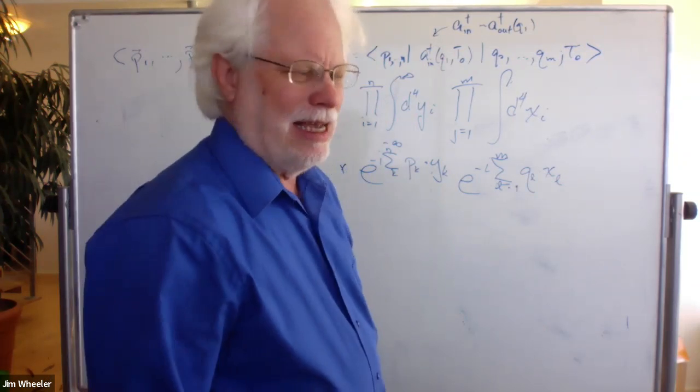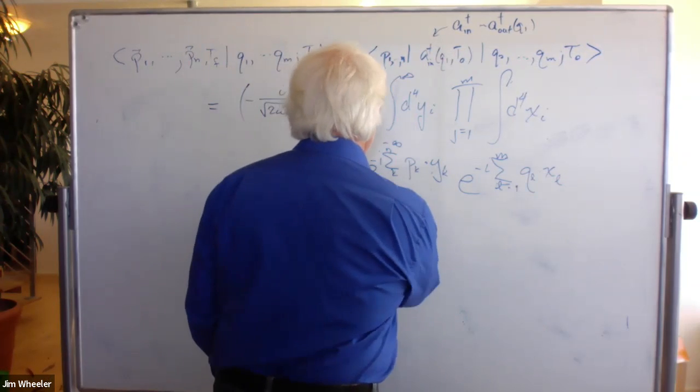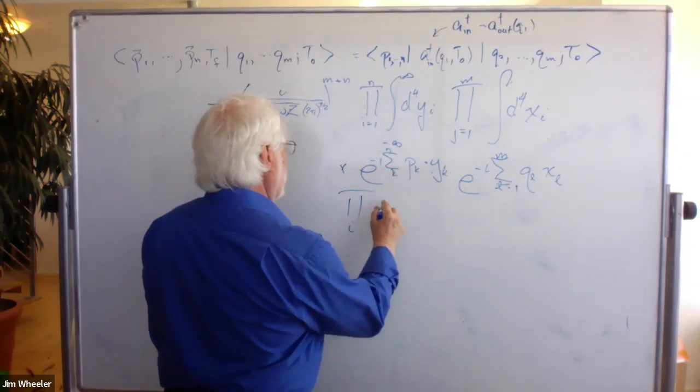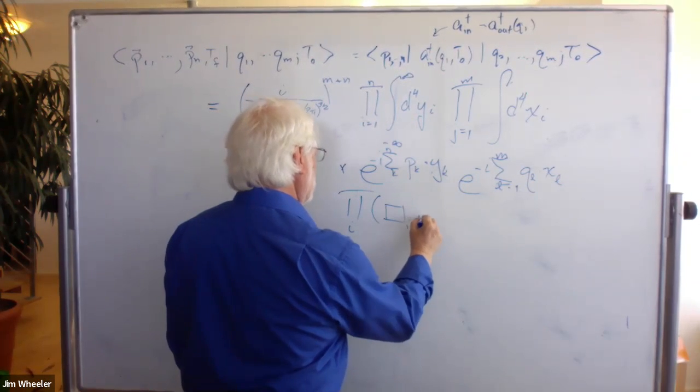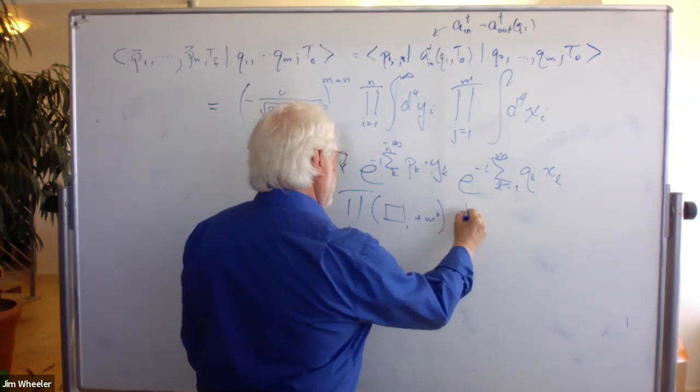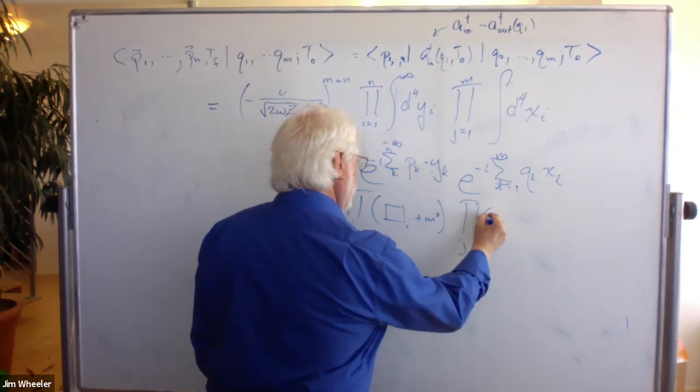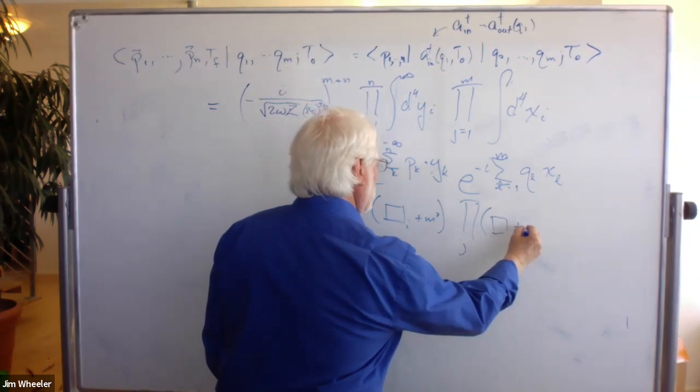And then we have a product over i of wave operators and j of wave operators.